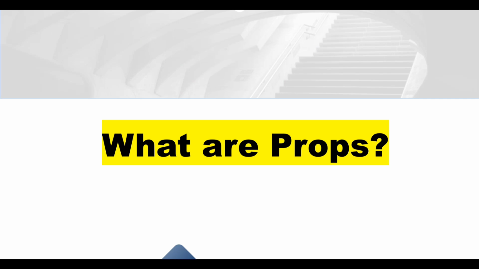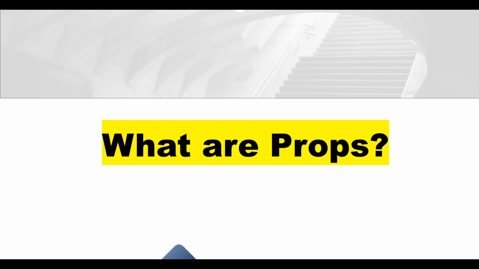Next, accessing props. How to get props? In a functional component, you access props directly as the parameters. In a class component, you access the props using this.props, using the this keyword.